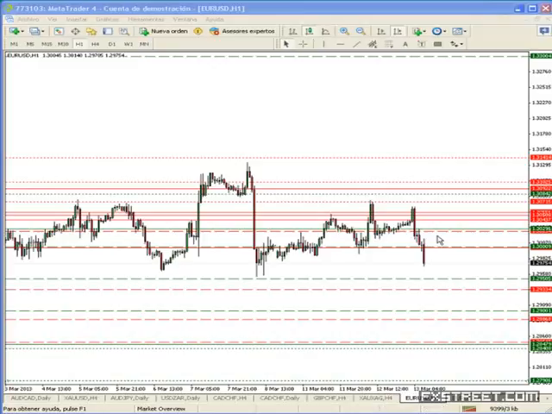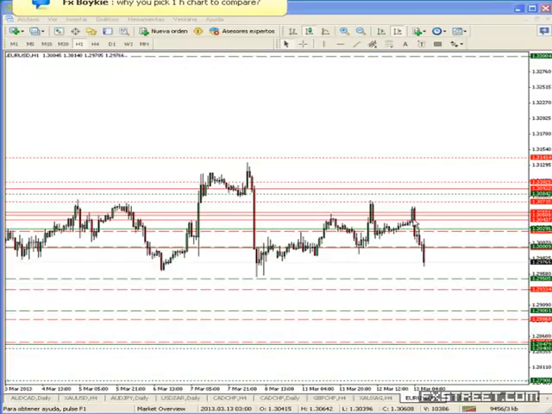This information, which I see from a confluence of orders, is valid in the sense that if there is liquidity being offered as sell limit orders, that price level may probably act as a resistance.